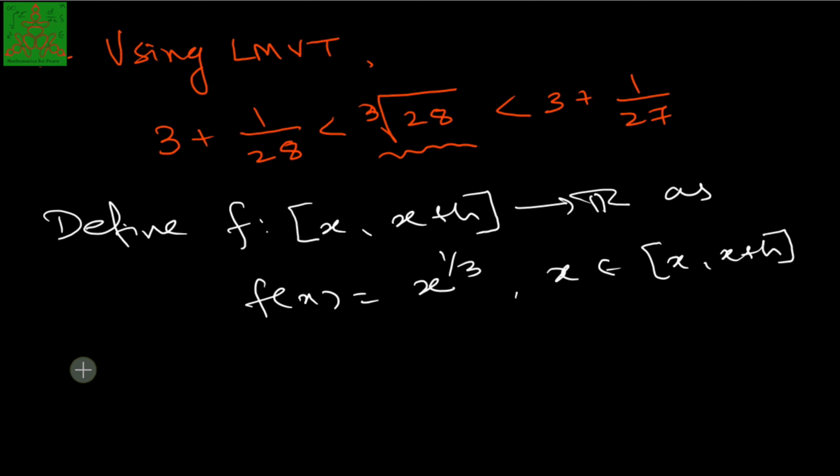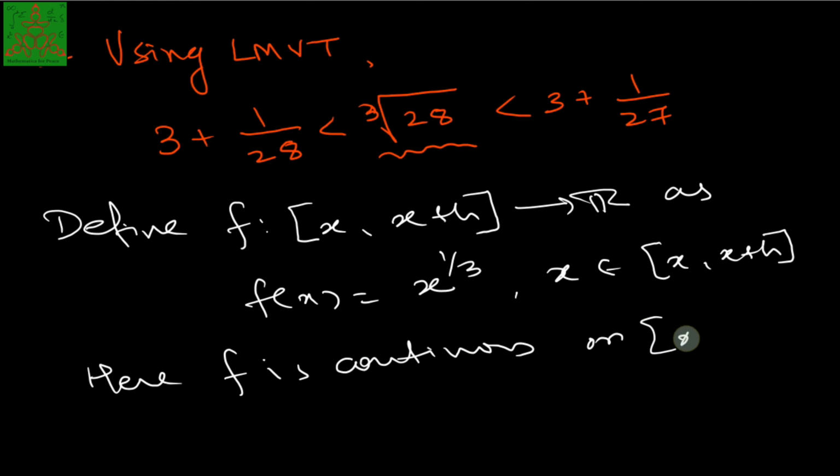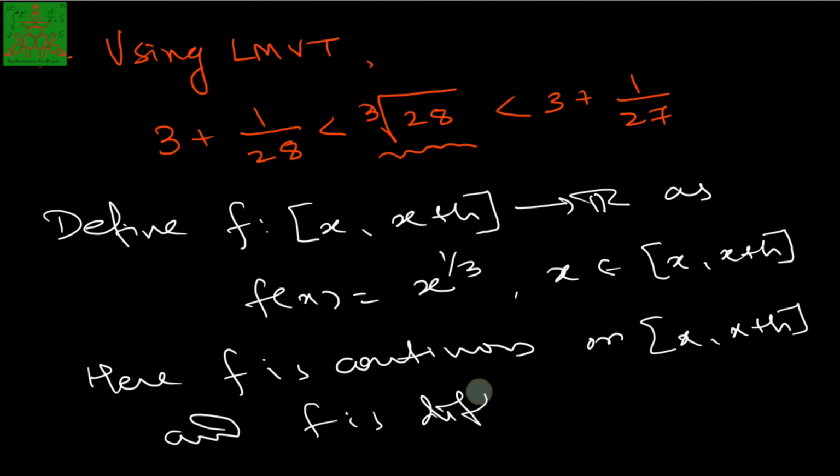Now we have to apply the LMVT onto this function. So here the function f is continuous on this interval x to x plus h for any positive x, and f is differentiable on the open interval x to x plus h.